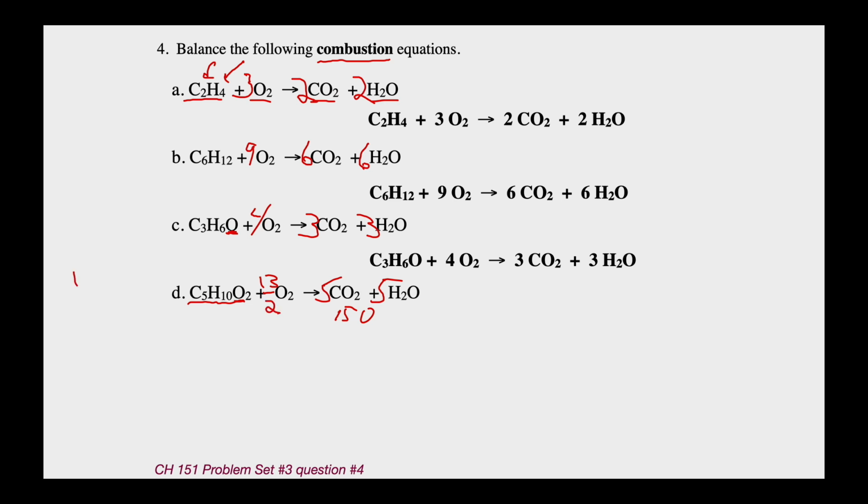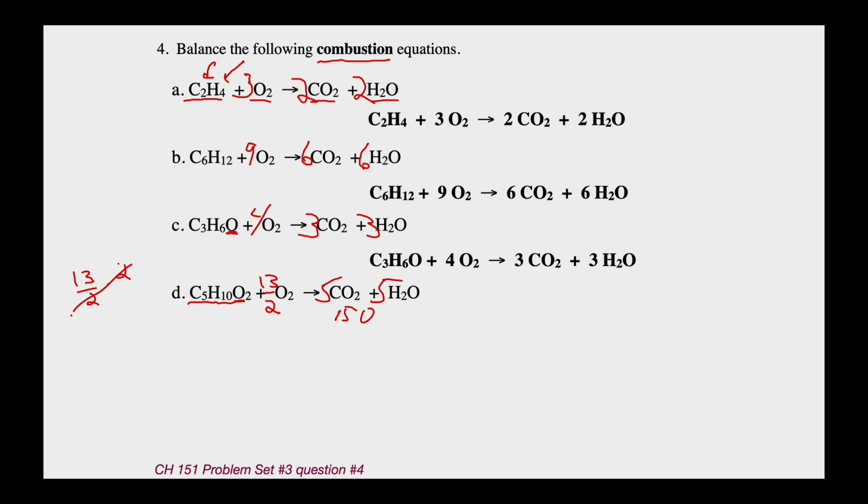Now, this is a little weird at first, but 13 halves oxygen, and there are 2 oxygen atoms per O2, that would give us our 13 oxygen atoms. So one version of this reaction, which I think would be balanced, would be C5H10O2 plus 13 halves, which by the way is 6.5 O2, and that goes to 5 CO2s and 5 waters.